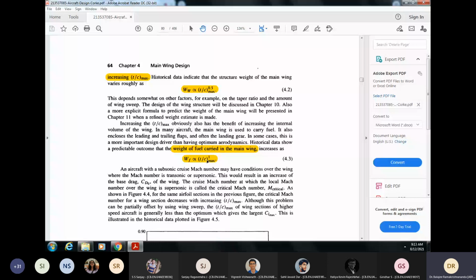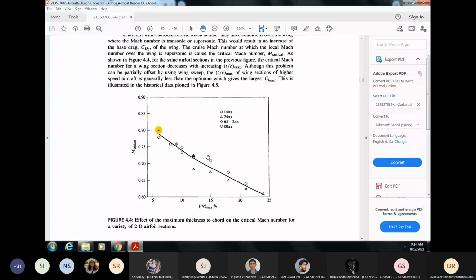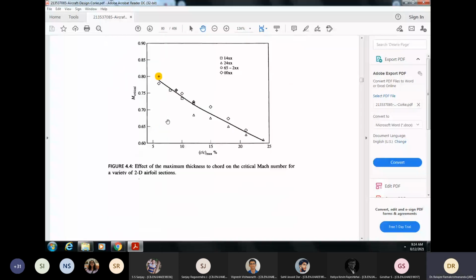We all know what the critical Mach number is. I will quiz you on that later, probably in a mid-semester quiz or end-semester quiz. So we have t by c max versus M critical. Typically, for various Mach numbers, what kind of thicknesses are preferred?